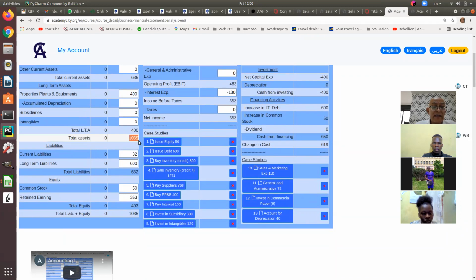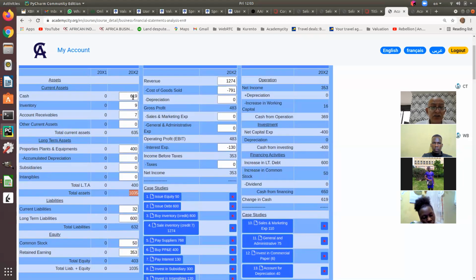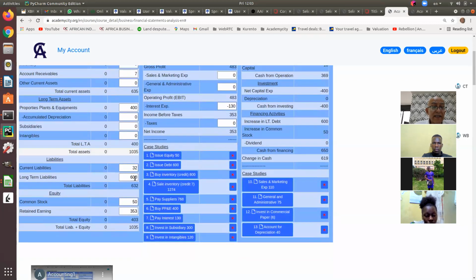Less asset, the total asset, 1035. This decline in the cash is really also a decline in the equity. Why is it a decline in the equity? Because my profit went down by 130.